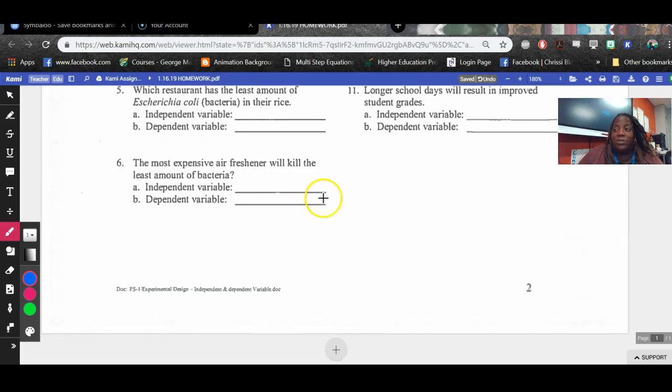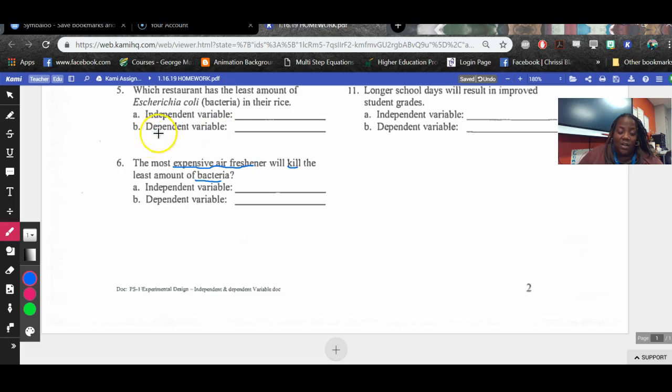I'll do one more, which is down here at the bottom. The most expensive air freshener will kill the least amount of bacteria. So we're looking at expensive air freshener, and what's the other thing we're taking a look at? The killing of the bacteria. All right, so what's the thing that we can change in this? You can't change the amount of bacteria, but what you can change is the air freshener.